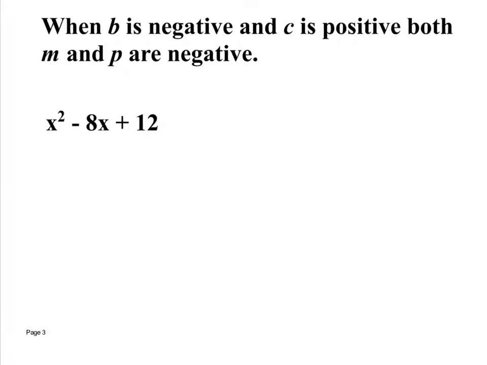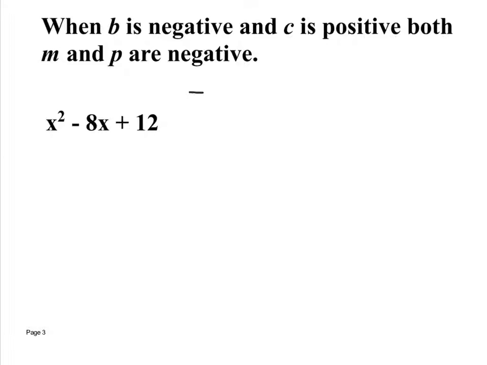They have to both be negative because they add to give a negative number, and when you multiply two negative numbers, you get a positive number. Otherwise they wouldn't add to give you a negative number and multiply to give you a positive number. So we're looking for two numbers that are both negative.